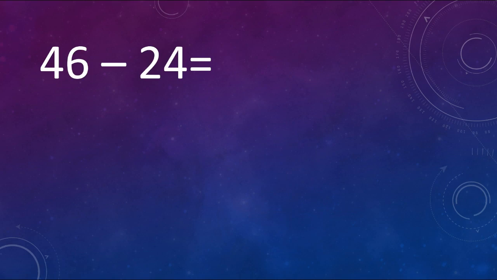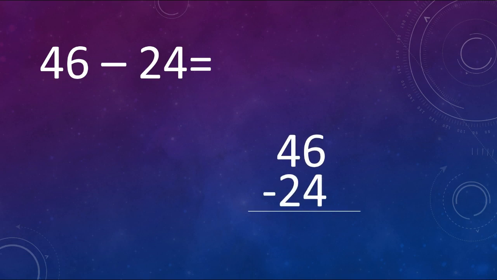Let's take 46 minus 24. We're going to line it up vertically, lining up my 1s and my 10s. We always start with the 1s place, and we subtract the 1s first. Do we need to take any of the 10s away from the 4?